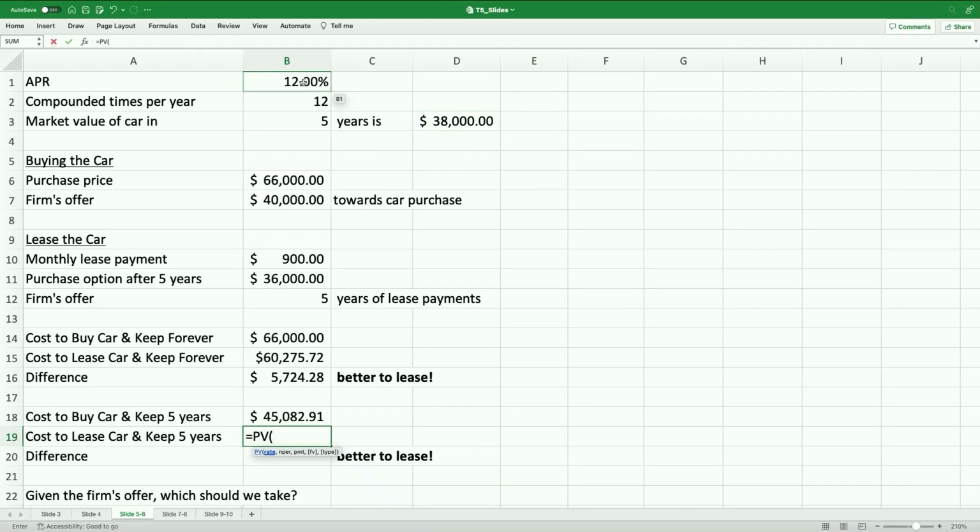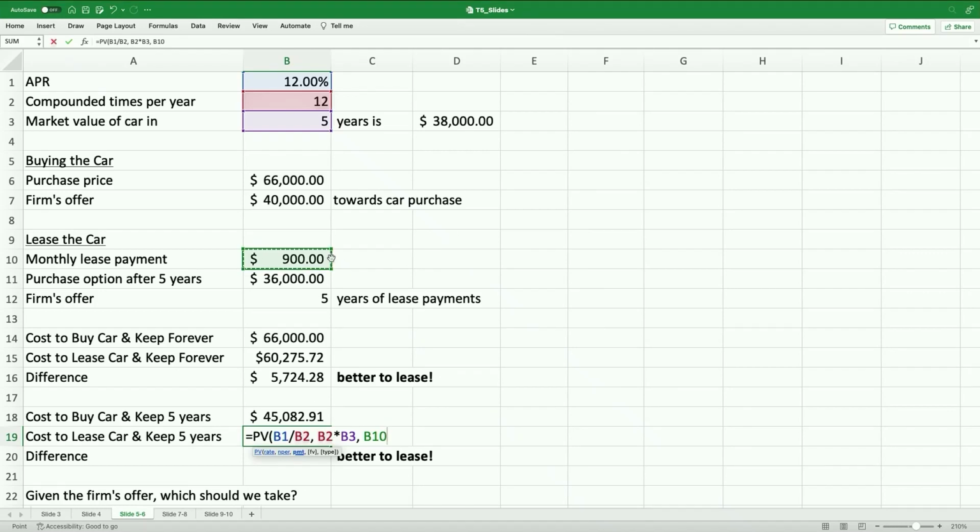So our discount rate is the same, 12% divided by 12. Our number of periods, 12 times 5, 60 months of lease payments. What is our lease payment? $900. This next part is a bit of a thinker, so see if this makes sense to you. The 900 we're specifying in this PV function as positive.